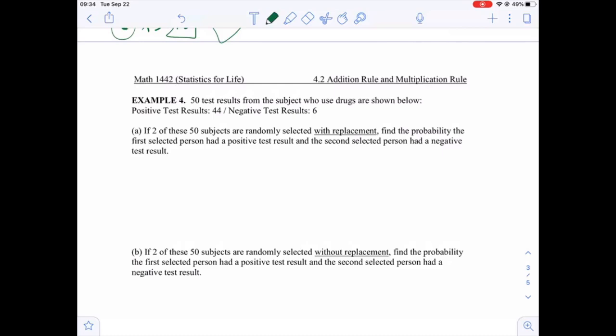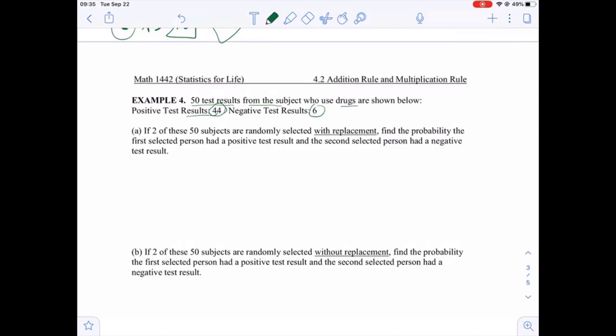Now in this example, we have 50 test results from subjects who use drugs, shown below. Positive test results 44, negative test results 6.